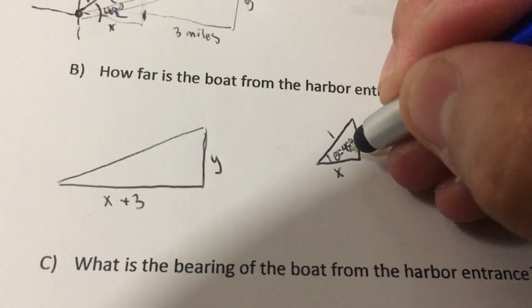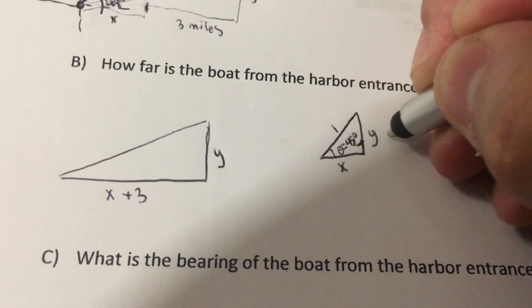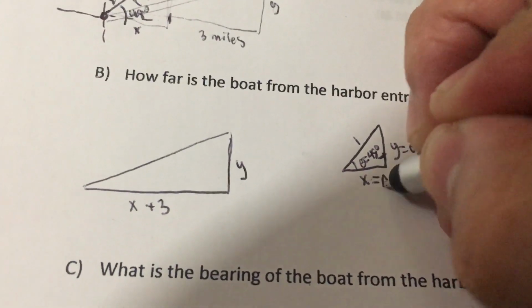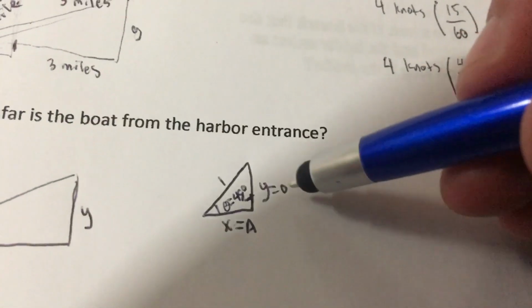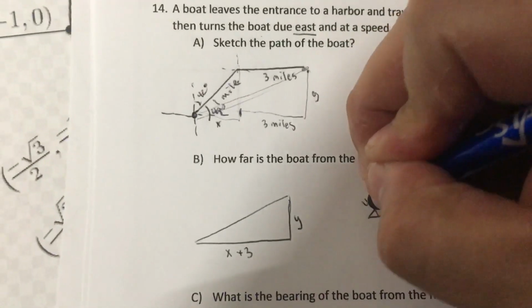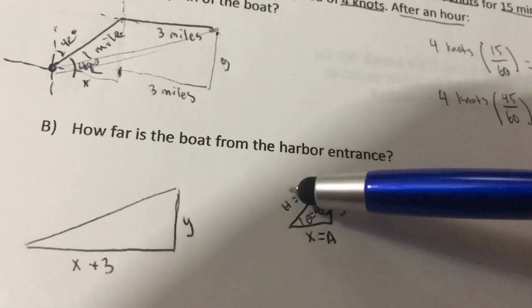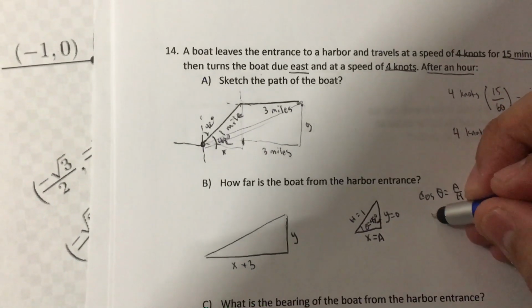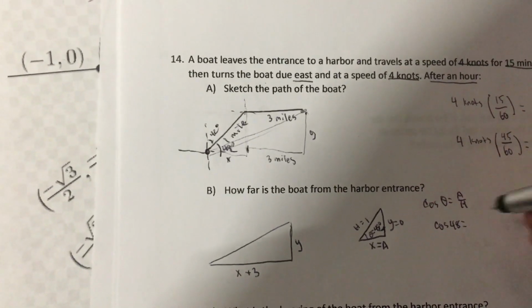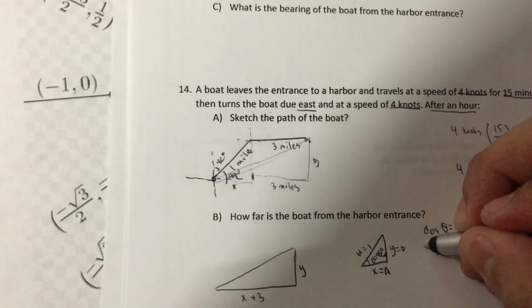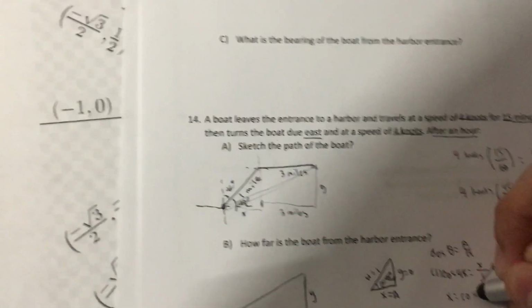If I label my triangle here, this is my O, this is my A, this is my H, sorry. A over H is equal to my x value. So cosine theta equals A over H. So cosine of 48 degrees equals x over 1. So if I multiply by 1, my x is equal to the cosine of 48.